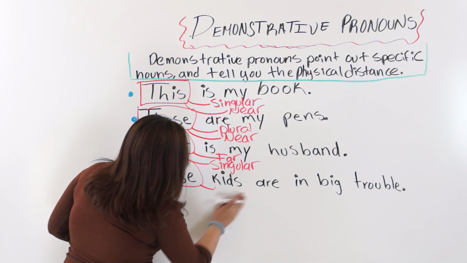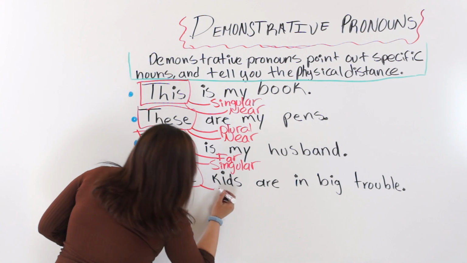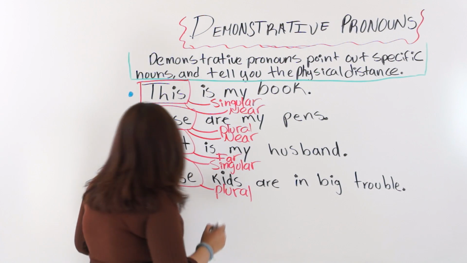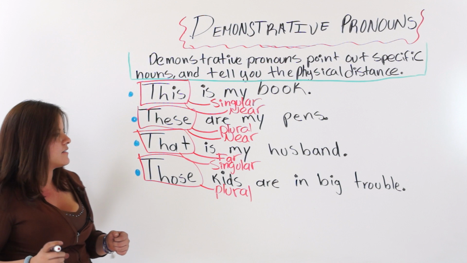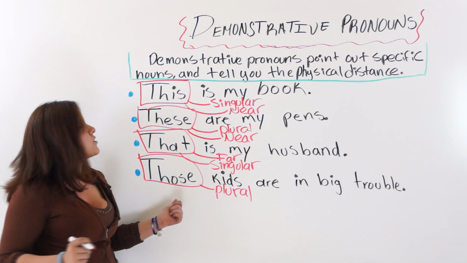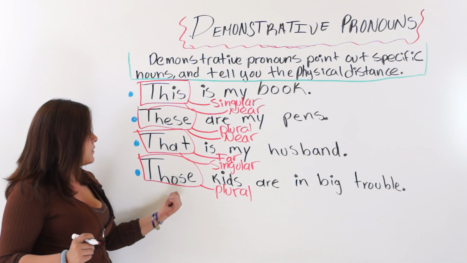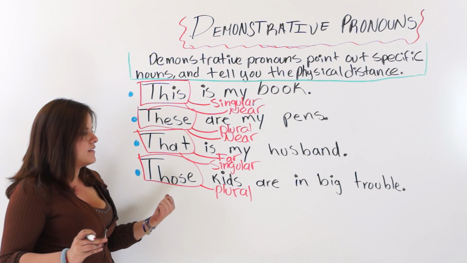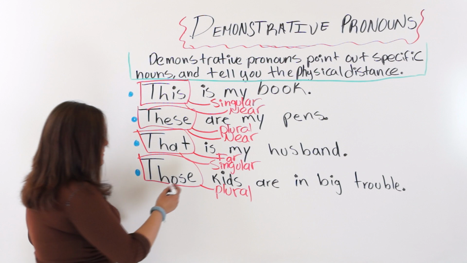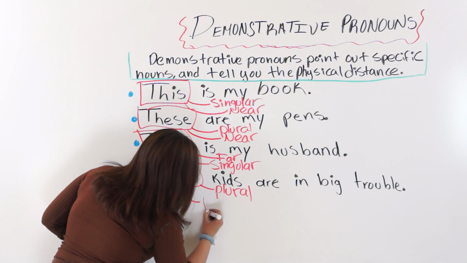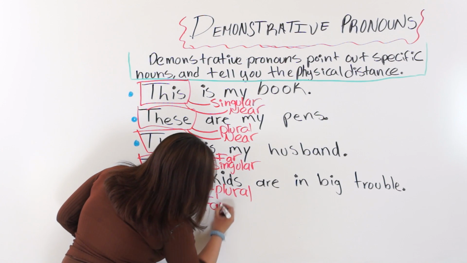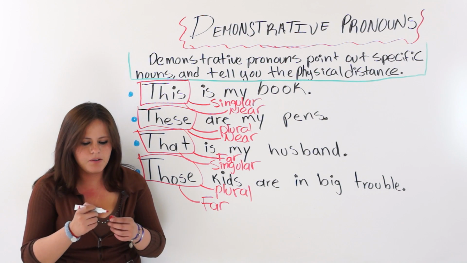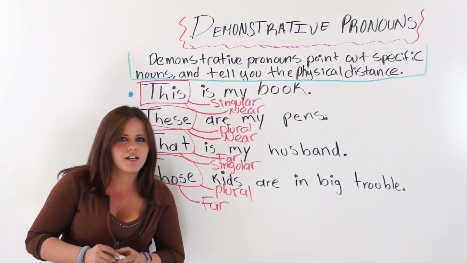Okay, plural. Those kids are in big trouble. So this demonstrative pronoun lets you know that the noun is both plural and far. And it is also talking about a specific noun.